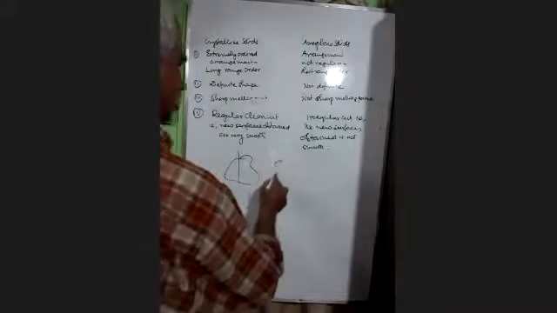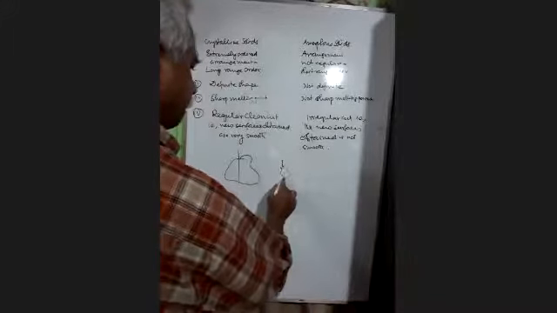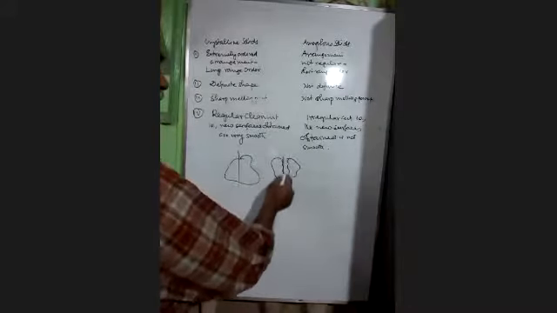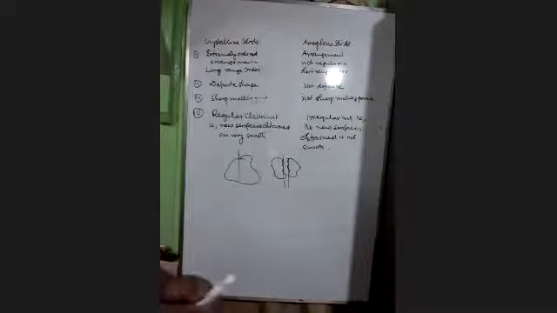You have broken it. What will you find? Sorry, my drawing is very bad. This is the stone. This is a new surface. Why? Because the particles by which the stone is made are not equidistant from each other. Because of that, the new surface that you get is rough.